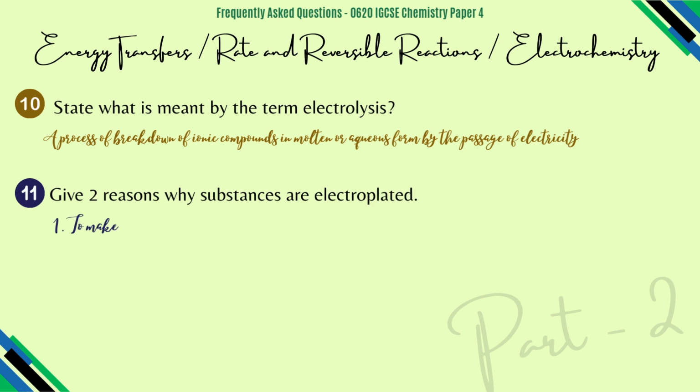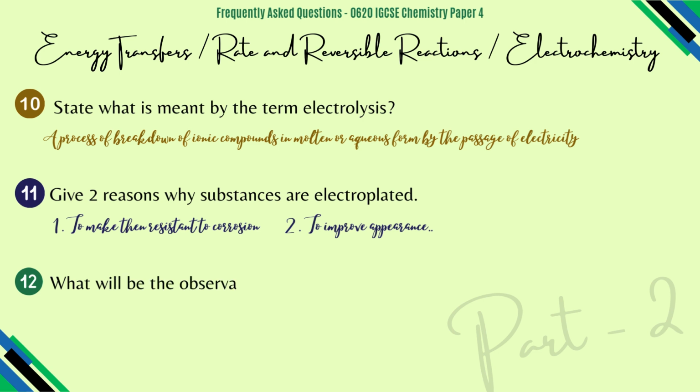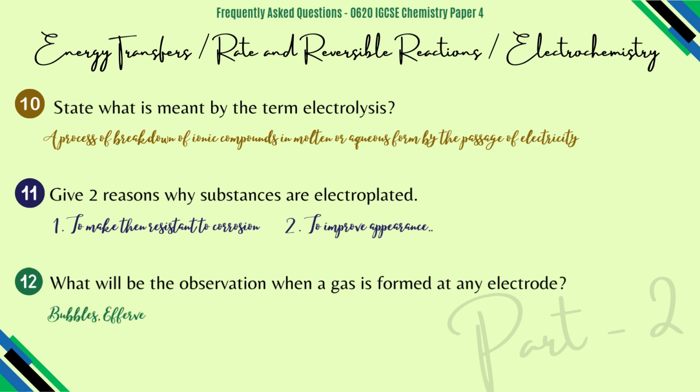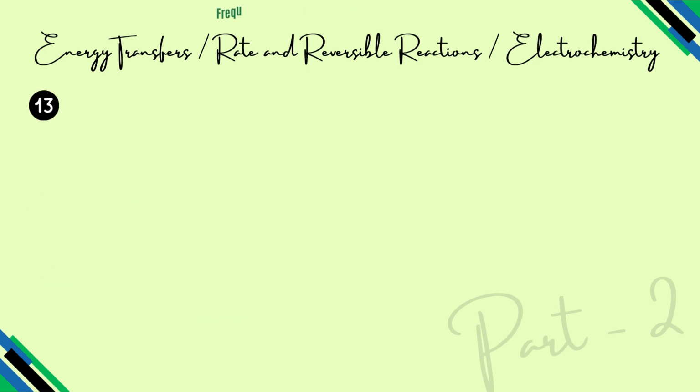Number 1, to make them resistant to corrosion, and number 2, to improve their appearance. Question number 12. What will be the observation when a gas is formed at any electrode? When a gas is formed at any electrode, we will observe bubbles, effervescence, or fizzing. You have to write the color of the gas formed also.